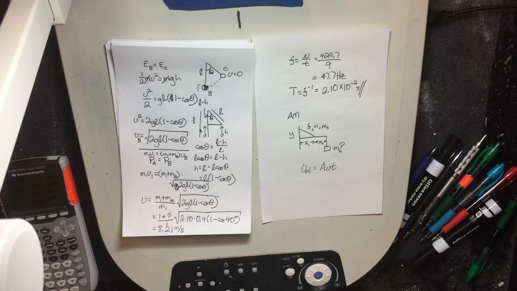If you notice, when we went over on Tuesday the big problems, take a look at the Tuesday lecture for a refresher: Atwood's machine, vector addition, 2D motion, circular motion, and collision.